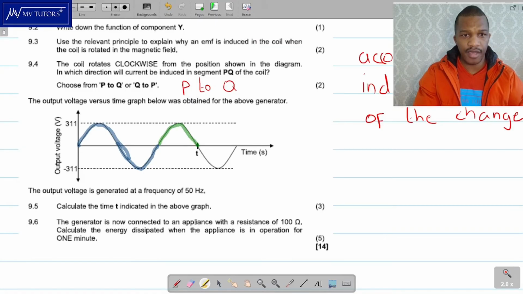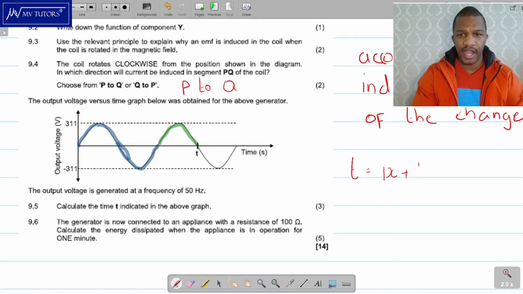Time t is there. And you see that this green one is actually half of the blue one. That means then that our time t from here to t is actually 1x plus a half x.